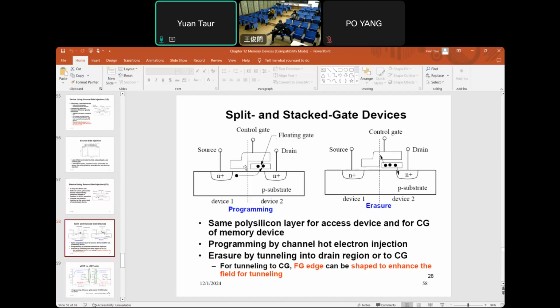And so part of the control gate is directly over the channel. So in this case, when we program, the injection is near the drain into the floating gate, and when you erase, the charge on the floating gate can tunnel out to the control gate or out to the drain here.